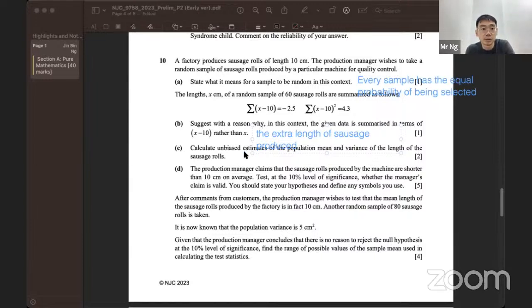Okay, so this one will be the mean, minus 2.5 divided by 60. After that, plus 10.